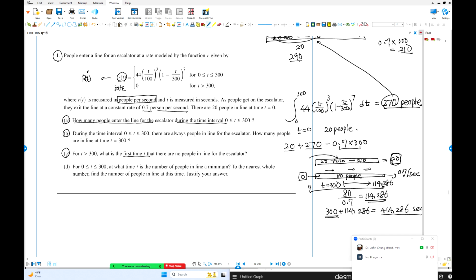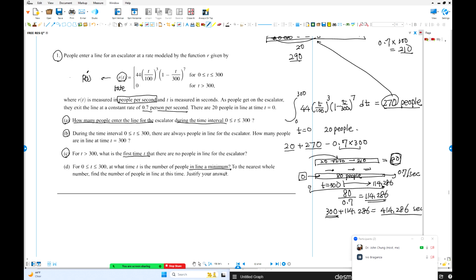For number D, t is between 0 and 300. At what time t is the number of people in line minimum? To the nearest whole number, find the number of people in line at this time. How can you find that?